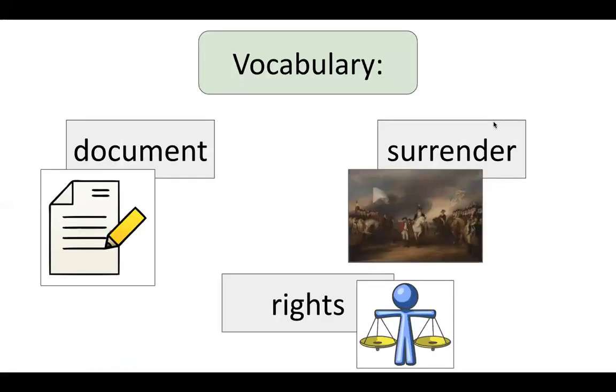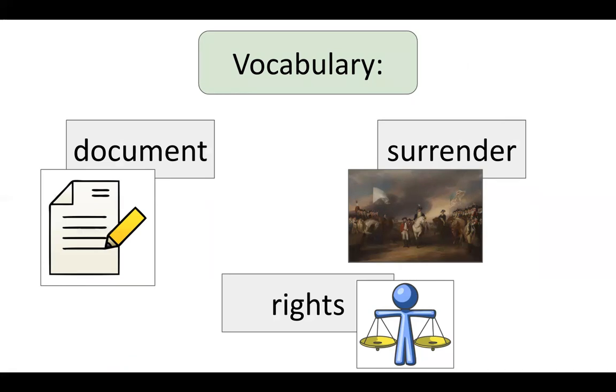Here are 3 words that you might find in the article we read that could be new for you. The first is the word document. Document just means a piece of paper or a place where information like agreements are put. The second word is the word surrender.